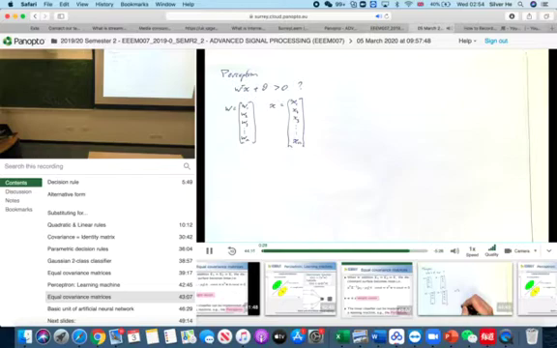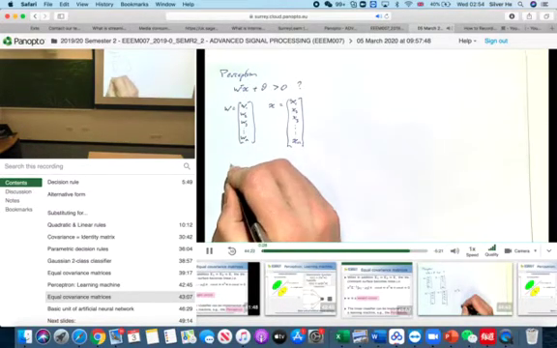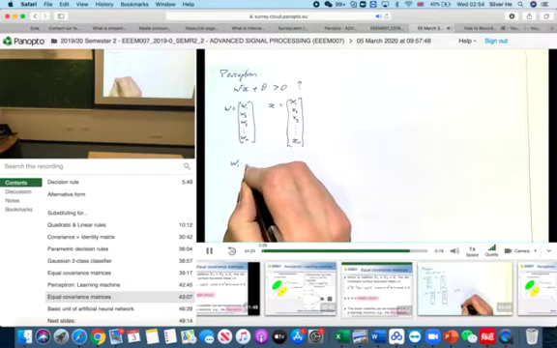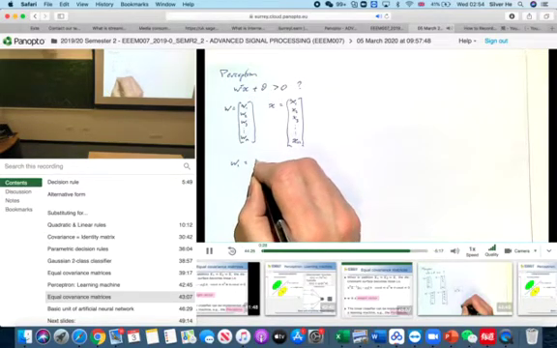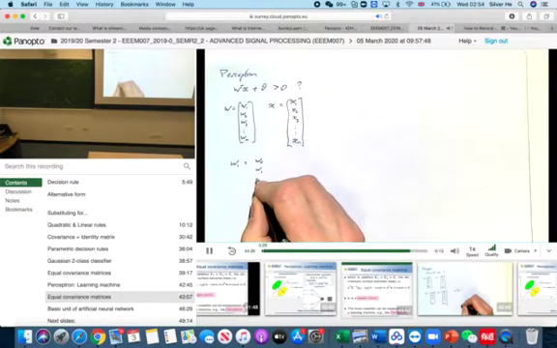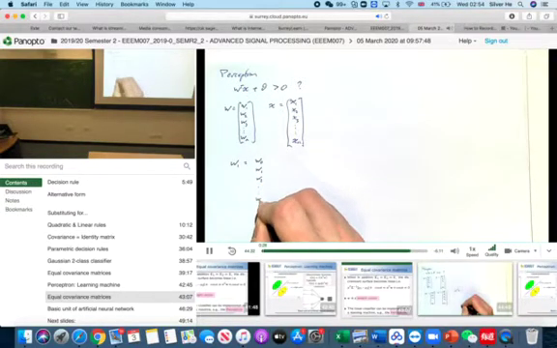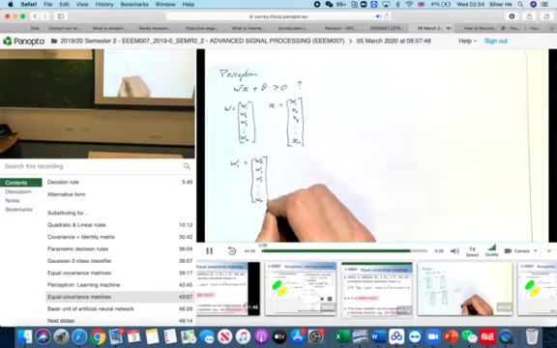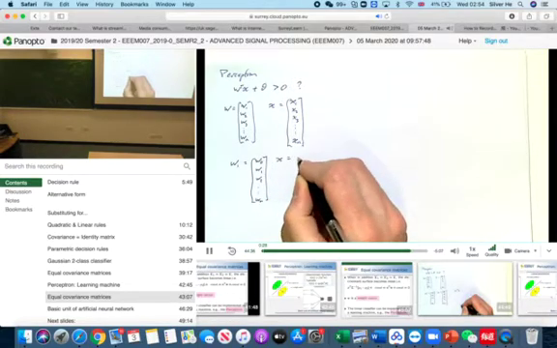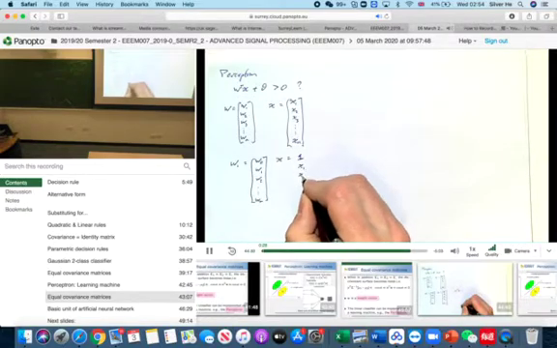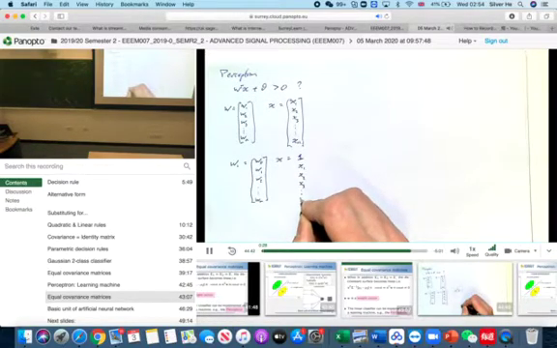But if we augment that by adding an extra term, W0, W1, W2 down to Wn, and X is 1, X1, X2, X3 down to Xn.